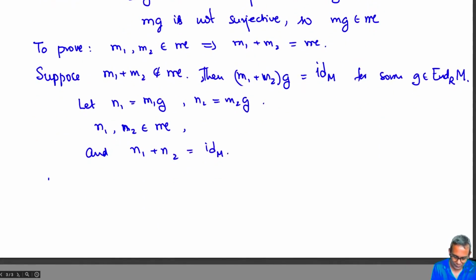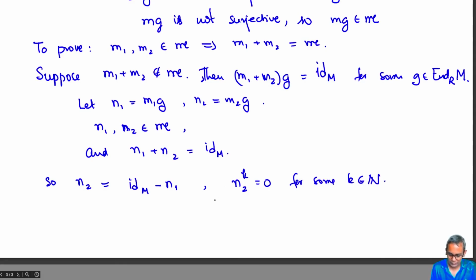So what we have is that n2 equals identity minus n1, and since n2 is in M, n2 is nilpotent, n2 to the power k equals 0 for some k.